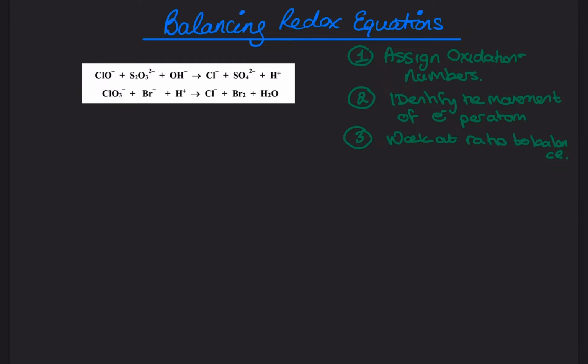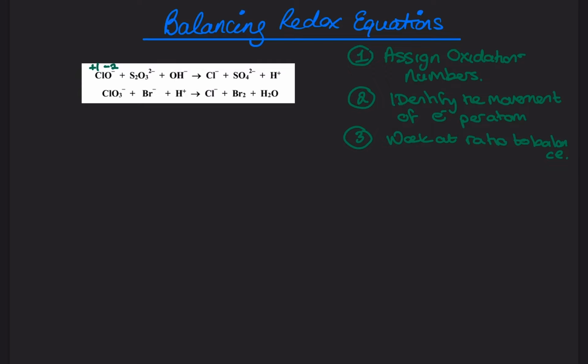So for the first one, I can just write over it actually. If I write down the oxidation numbers for each one, this is an overall charge of a minus sign. So the oxygen usually takes a -2. So for that minus sign to say there, this chlorine has to be a +1.